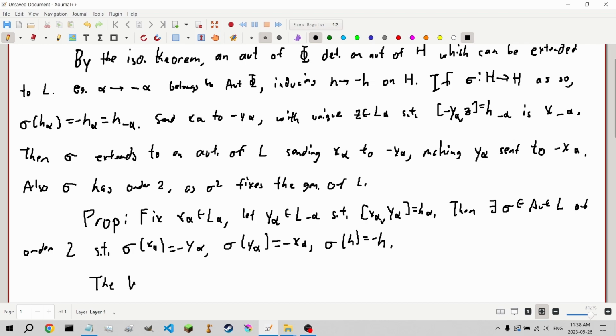The Weyl group accounts for most of the automorphisms of a root system.